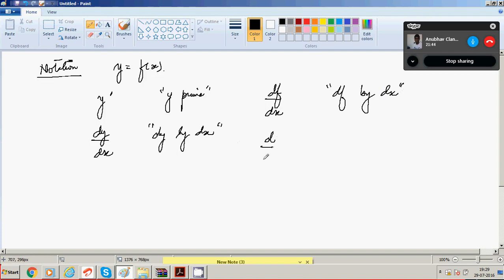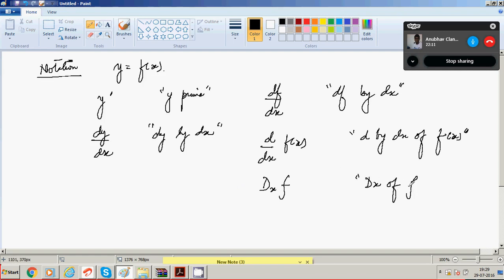Then another way is d by dx of f of x. It is also denoted this way, d by dx of f, and sometimes y with a dot on it.